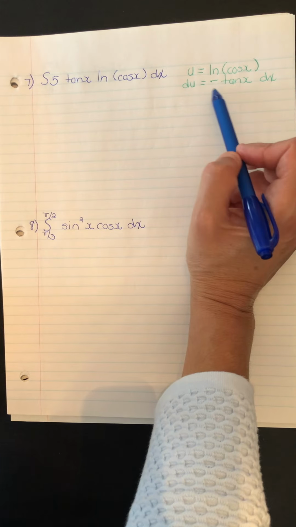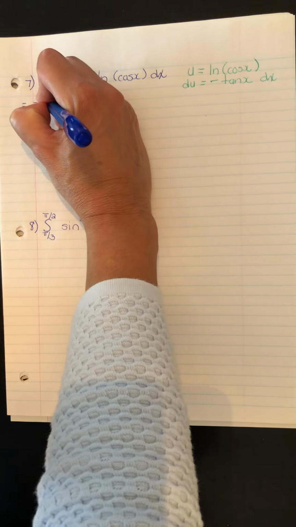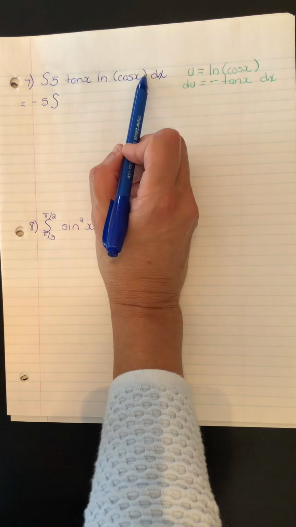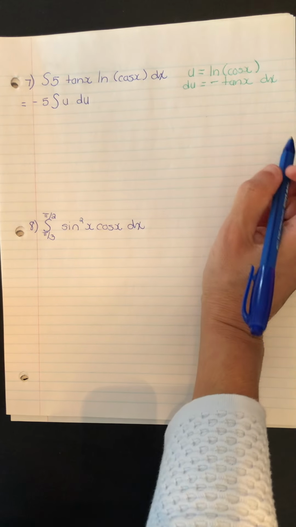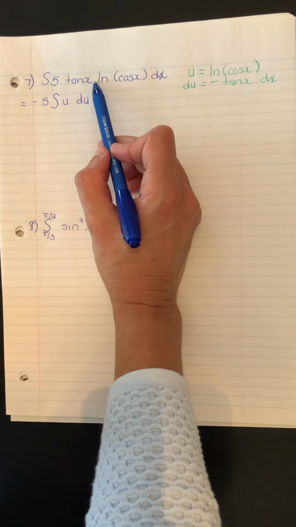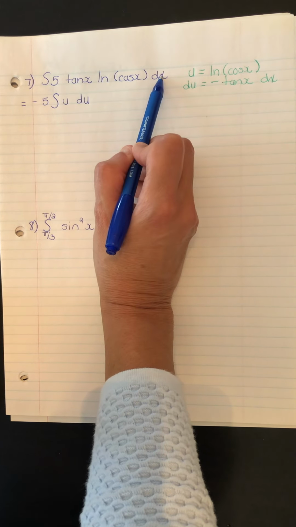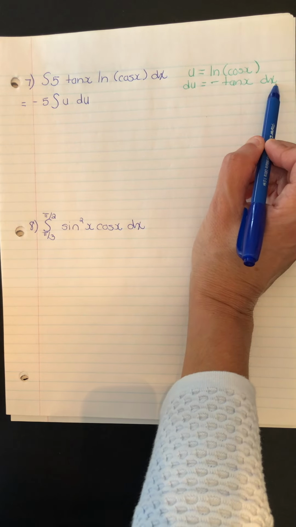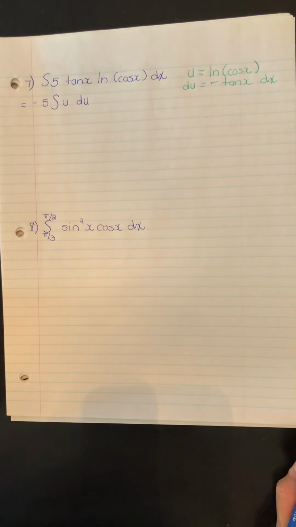So we have negative 5 times the integral of u du.